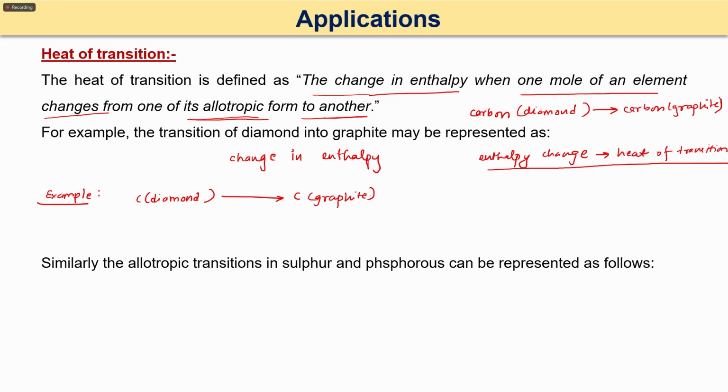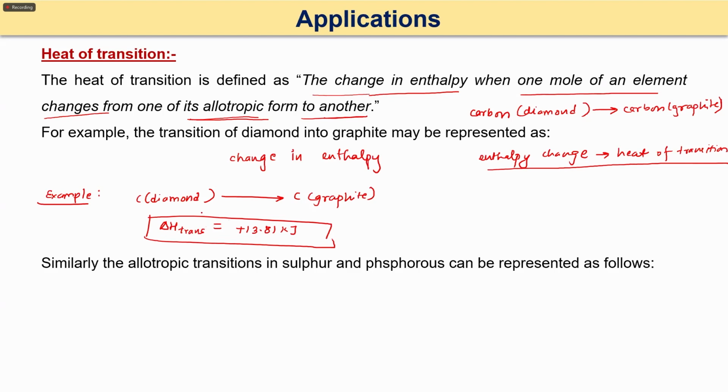And the delta H calculated for this reaction, that is, the molar heat of transition, is equal to plus 13.81 kilojoule. Again, this is an endothermic reaction. So this will be called the heat of transition.